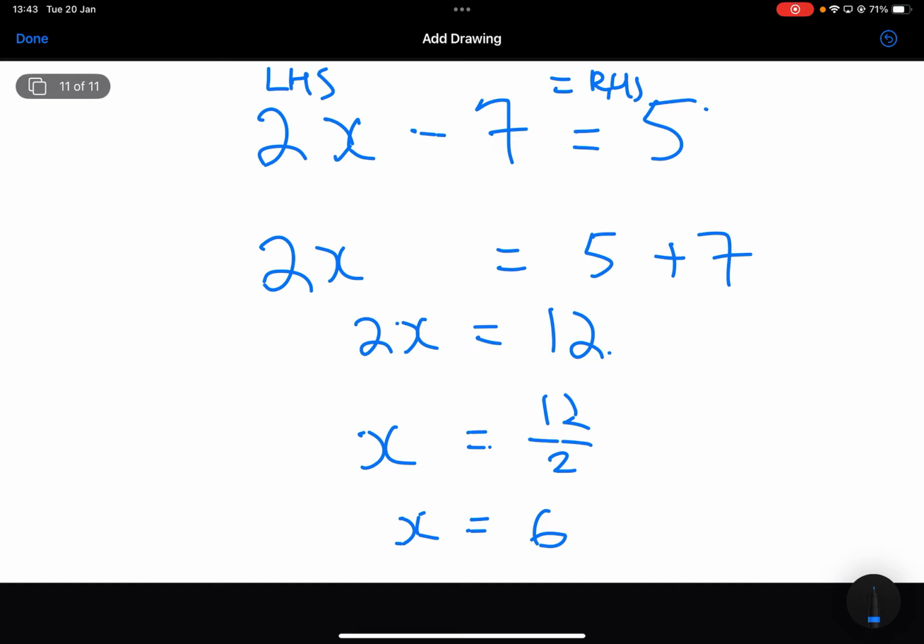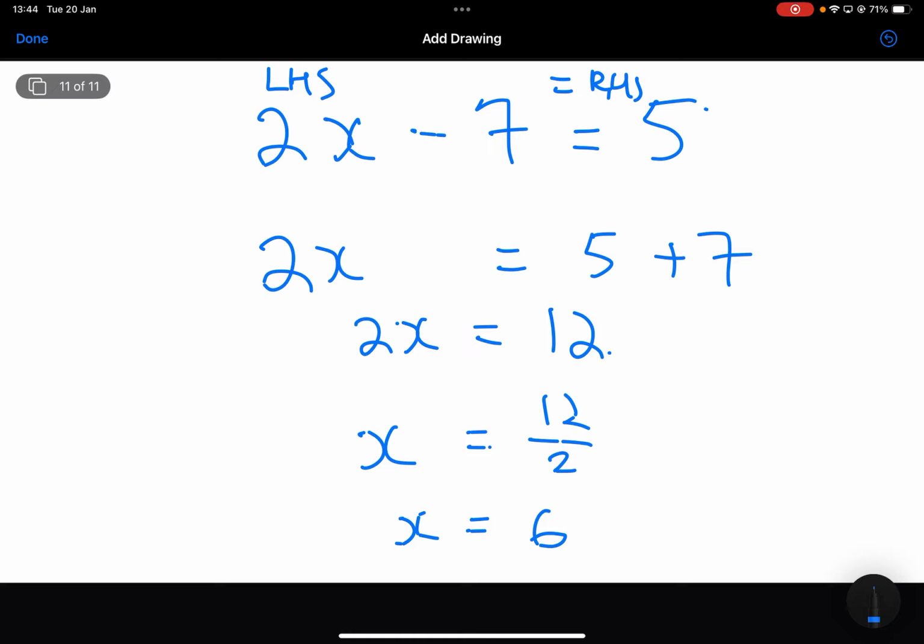Okay? So when I'm solving equation, I always want to write equation based on the old equation. When I write the equation, I can write until x is on one side, number is on the other side. That is the solution already.